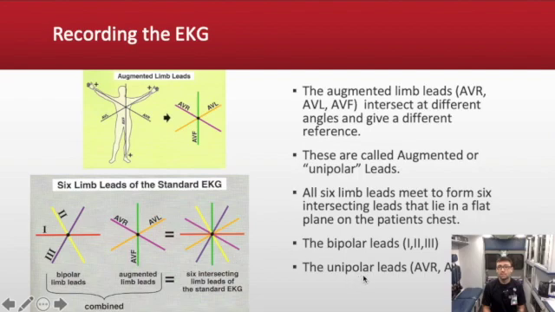All these limb leads meet to form those intersections, the bipolar leads, 1, 2, and 3, and the unipolar leads AVR, AVL, AVF. Okay. So again, bipolar, you only have 2, positive and negative, and then unipolar, you have a positive and 2 negative.